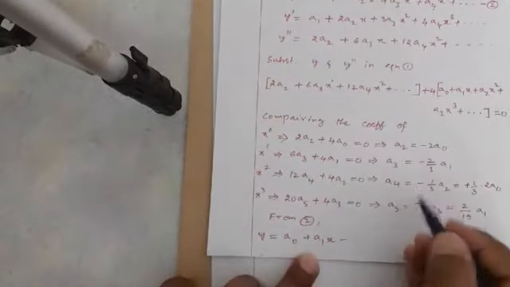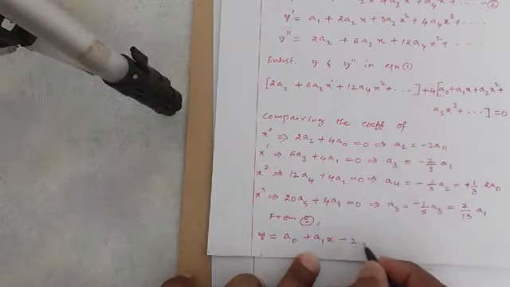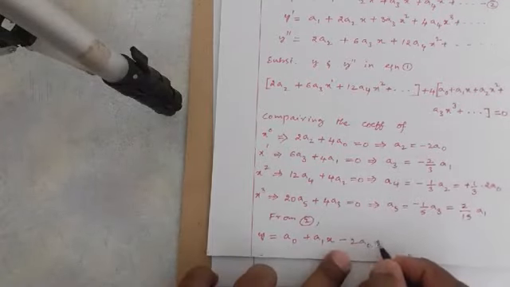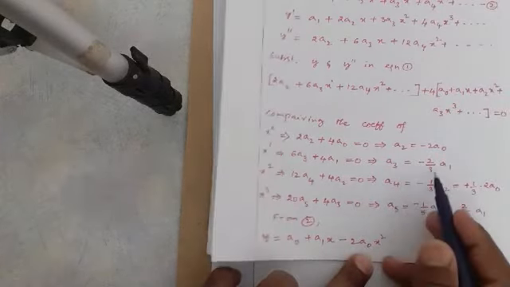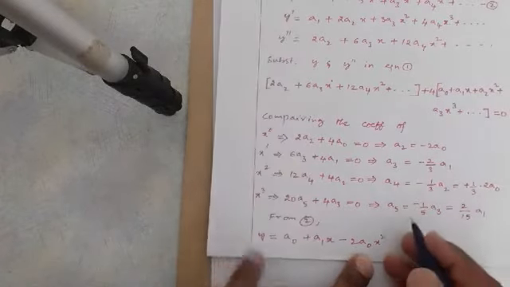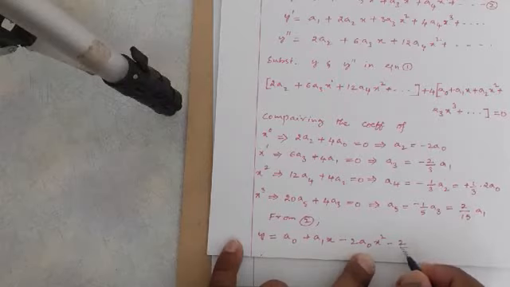In the place of a2 we write minus 2a0 x square, then we get a3 x cube. a3 is nothing but minus 2 by 3 a1, so we write here minus 2 by 3 a1 x cube.